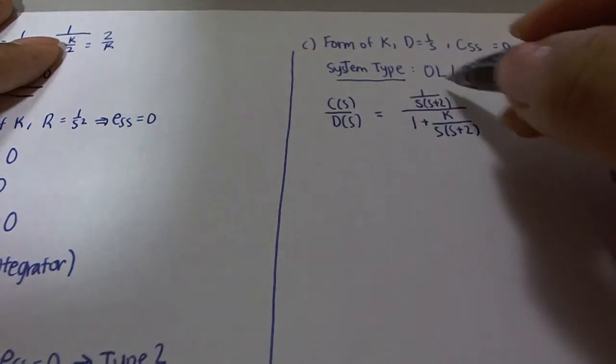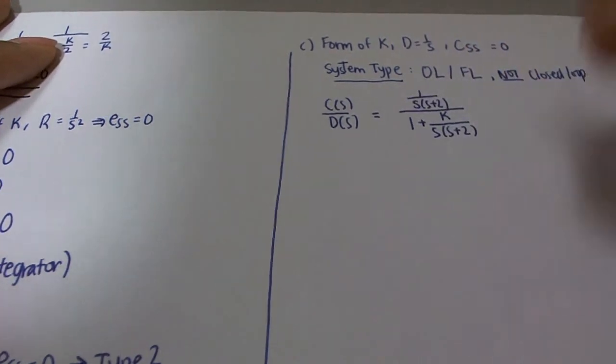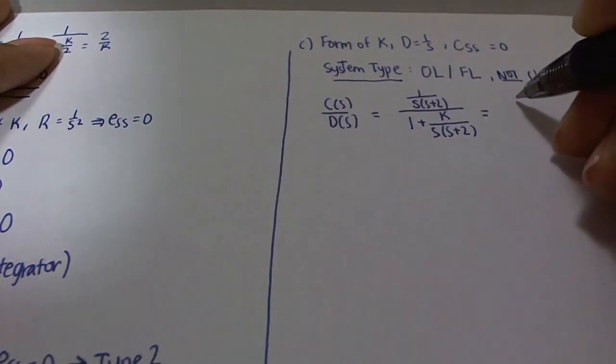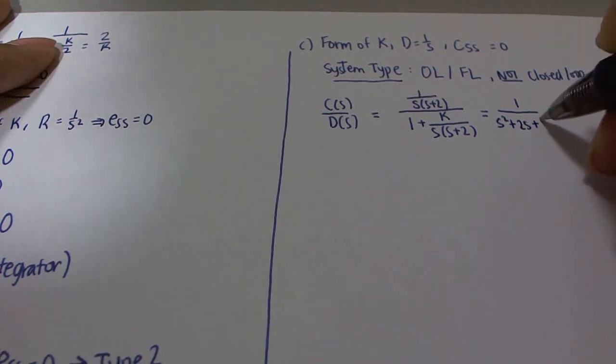So this is the forward loop transfer function, and at the bottom here we have the open loop transfer function. And simplifying this term, we can get 1 over s squared plus 2s plus K.